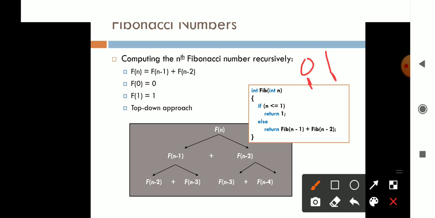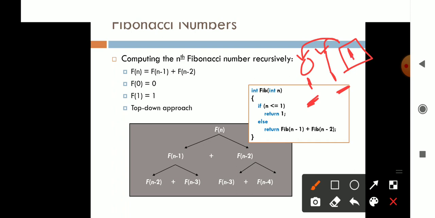We go backward: the first number is n minus 1, and we add the number n minus 2. So n minus 1 plus n minus 2 is 0 plus 1, which is equal to 1.